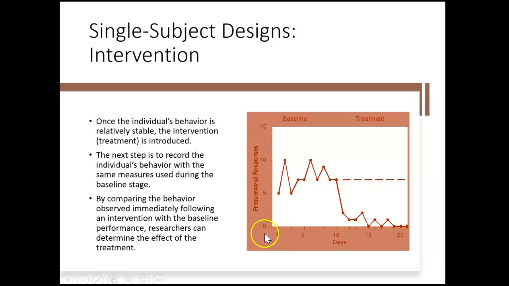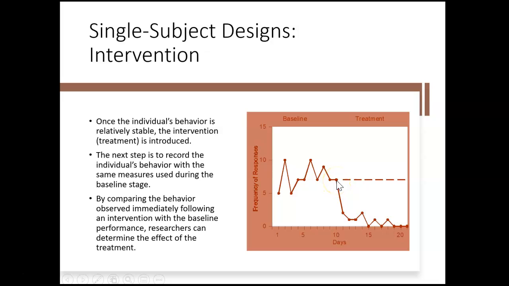So for example, let's say I have an intervention for undesired outbursts in a child's behavior. I've recorded the baseline with frequencies that go from 5 to close to 10, and so I've got my baseline established, a fairly high rate of these undesirable outbursts.